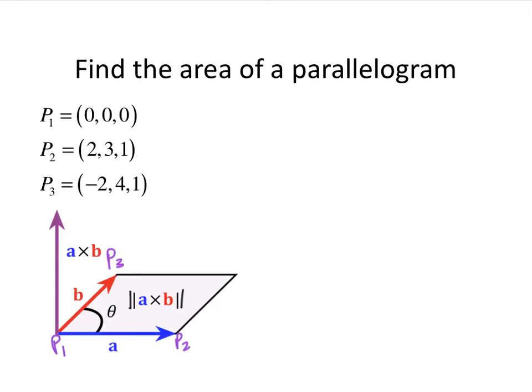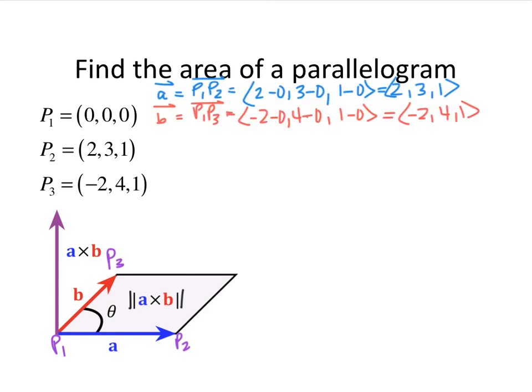So now we're given 3 points, 3 vertices of a parallelogram, and we want to use those to help us find the area of the parallelogram. And we can do this using vectors. So I'm making vector A be the vector from point P1, or the origin, to P2. So that means it's vector 2, 3, 1, or 2i hat plus 3j hat plus k hat.